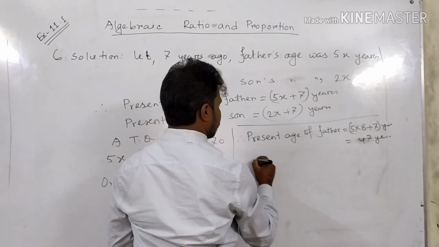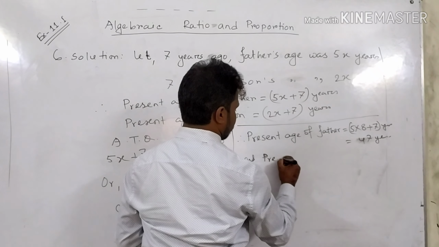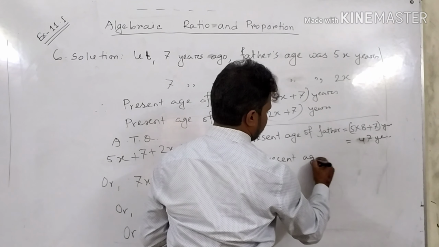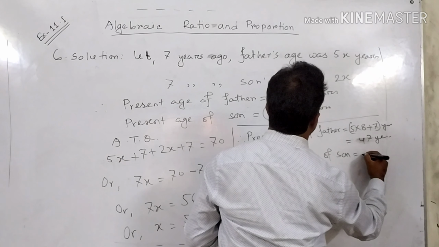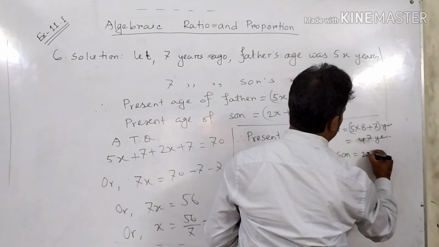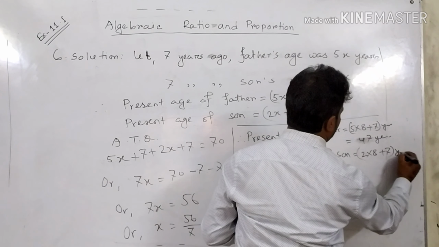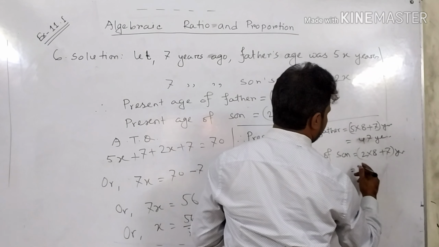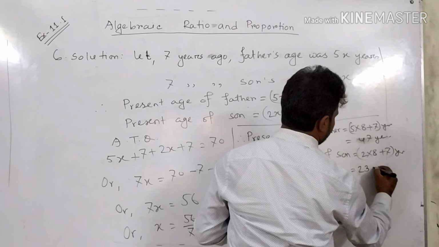And present age of son equals 2x plus 7, that means 2 multiplied by 8 plus 7, equals 16 plus 7, 23 years.